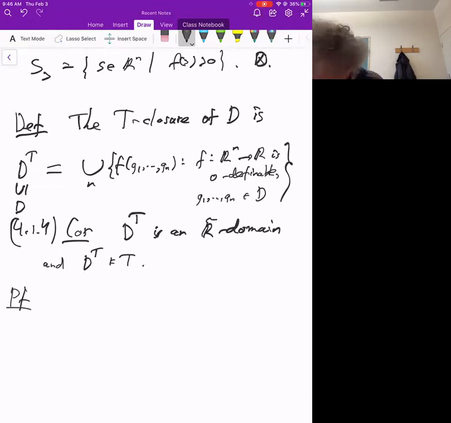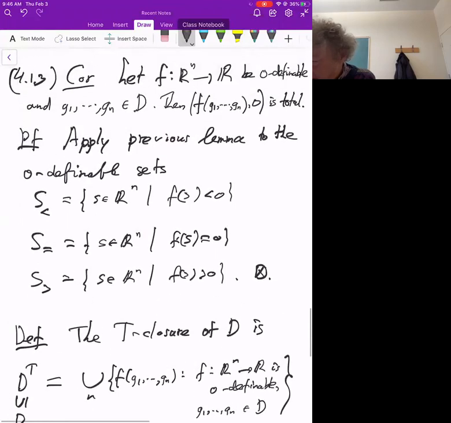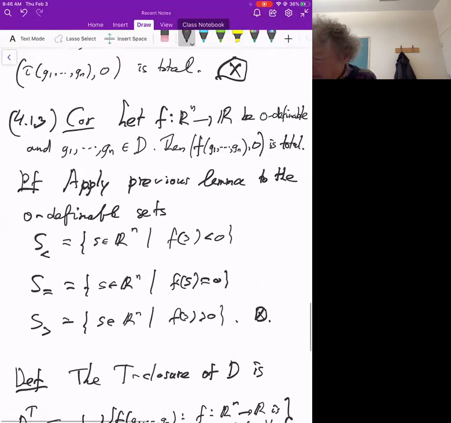Proof. Yeah, well, the previous corollary: if you apply a zero definable function to any n germs, you get something that's comparable to zero.